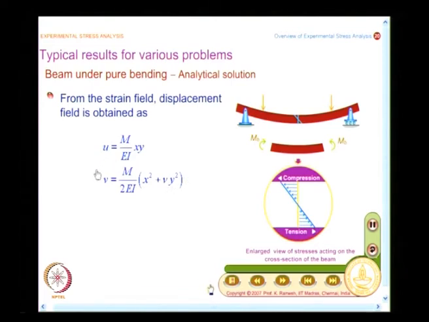In your deflection calculation, you may not have calculated the u displacement at all; you would have determined only the v displacement.